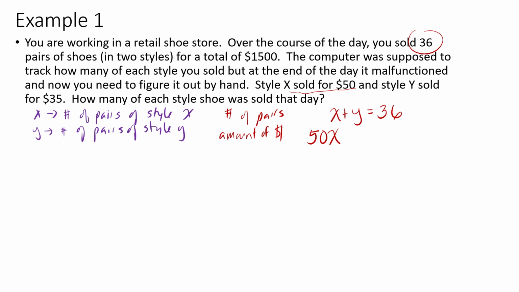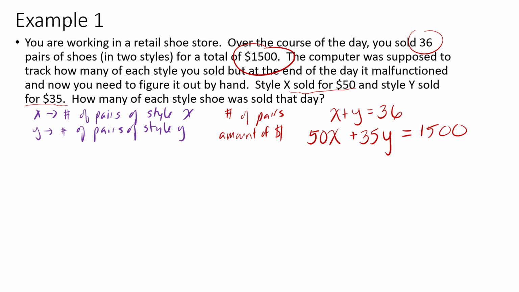And then we do the same thing with style Y, which sold for $35. Okay, and that's the total amount of money that we took in for style Y. It would be awesome if I wrote a Y. There we go. And we know that that total amount of money was $1,500. And there are the two equations.